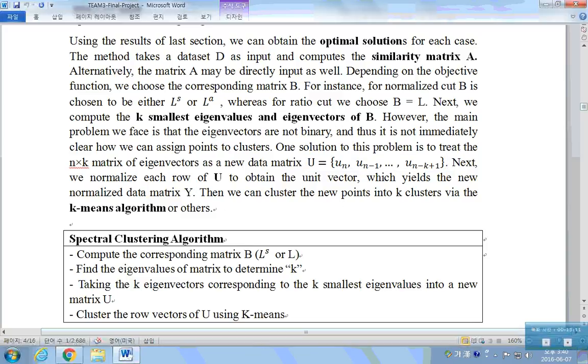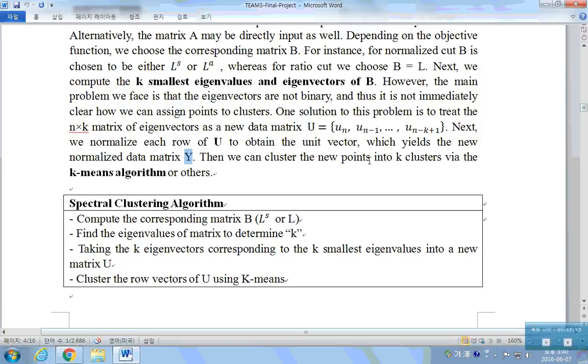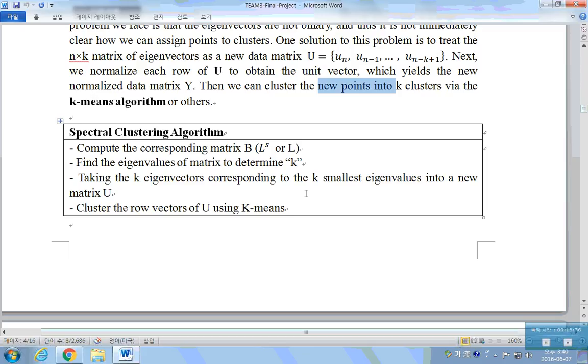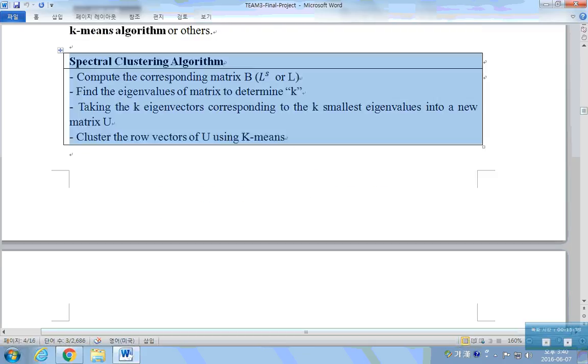Then we get the new matrix Y. Each row is a point related to the original data, so there are n rows, meaning n data points. Now we just use the k-means algorithm to divide the new points into k clusters. Then this process is finished. I just summarize here.